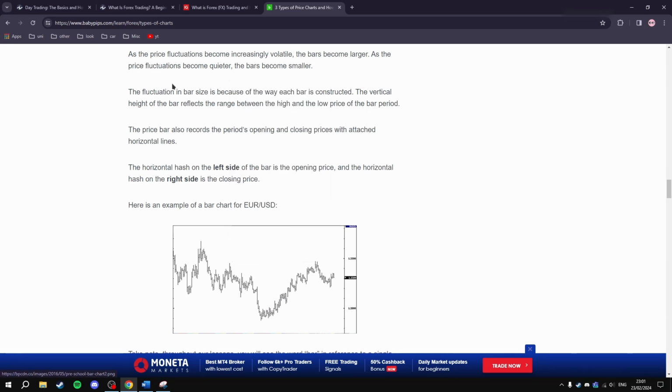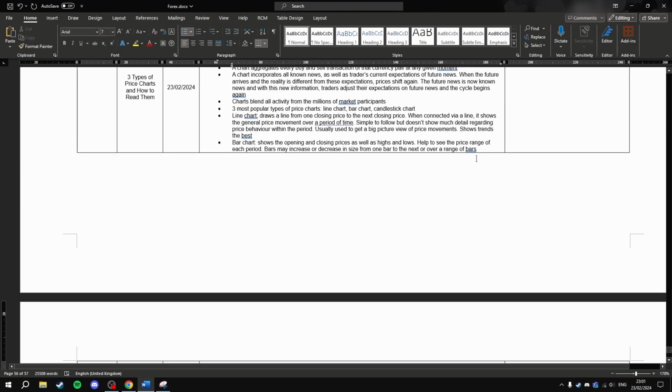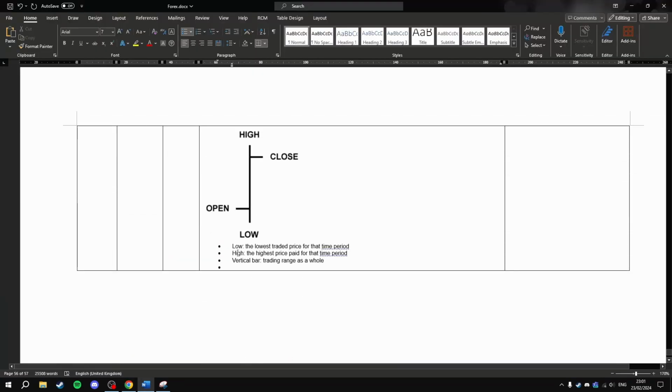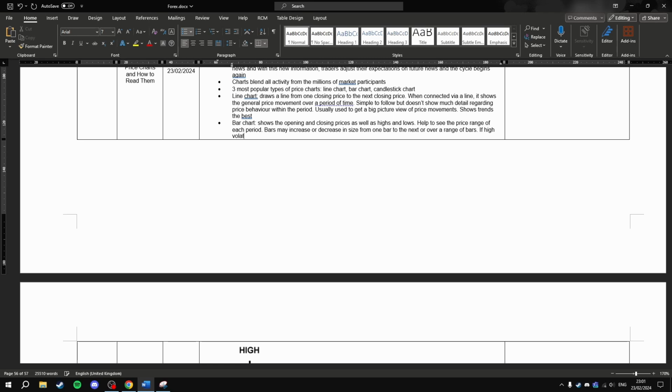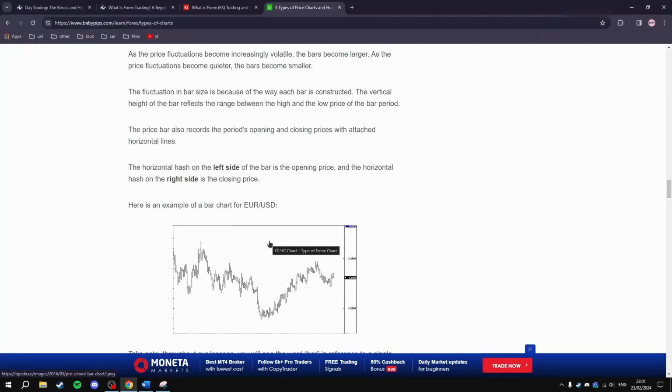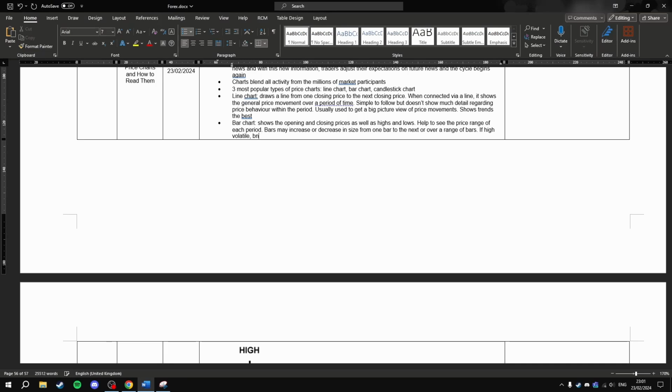As the price fluctuations become quieter, the bars become smaller. So if highly volatile, bars become larger; if low volatility, bars become smaller.